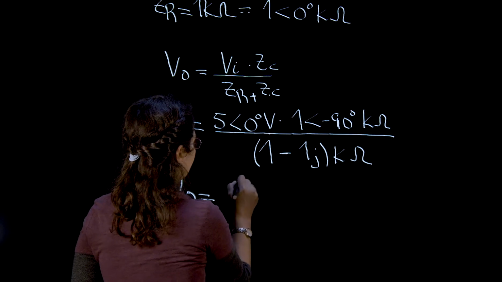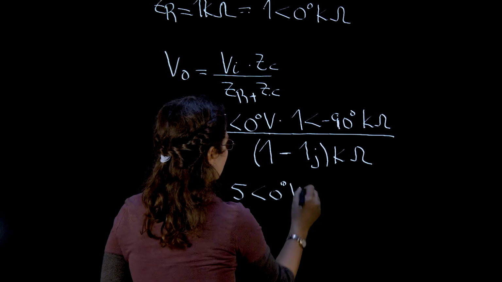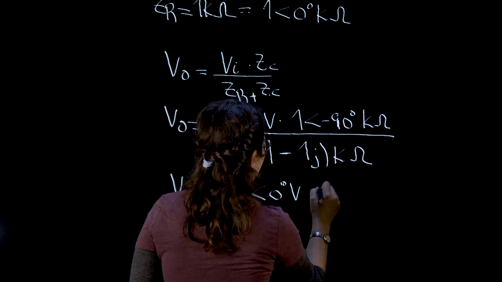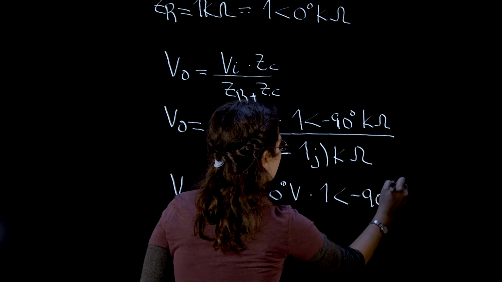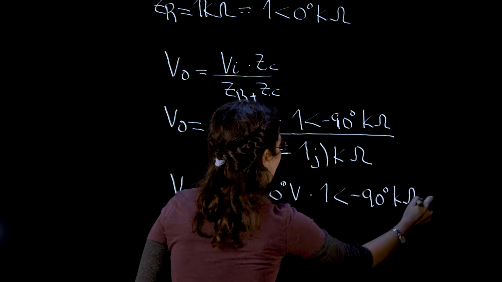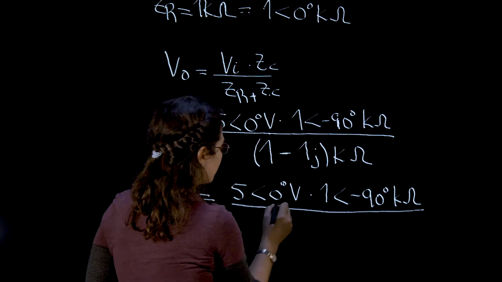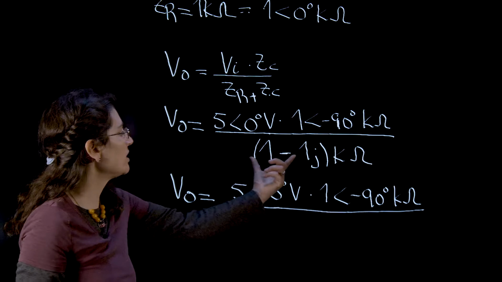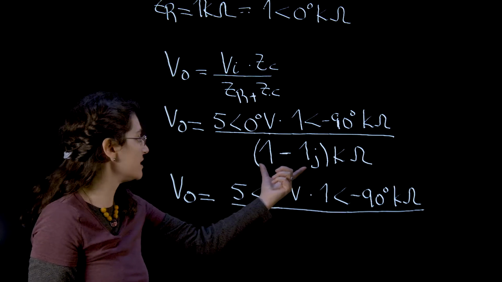So I have 5 at 0 degrees volts times 1 at minus 90 degrees kilo ohms. And here, in order to calculate the phasor form like we saw in one of the previous videos, we need to calculate the magnitude and the phase of this complex number.